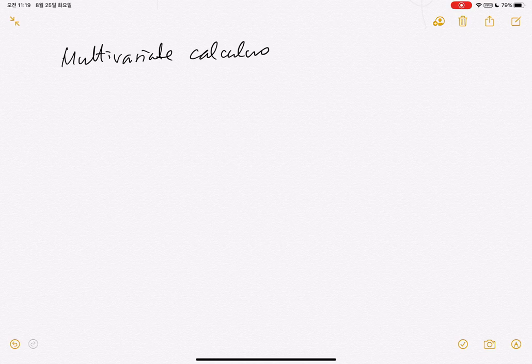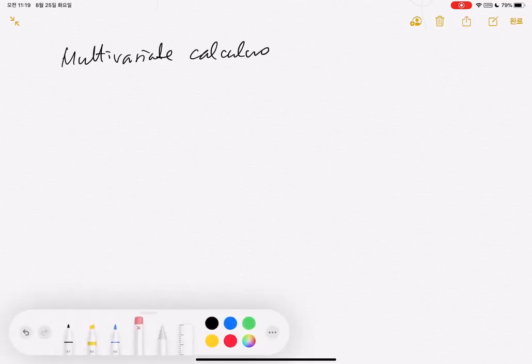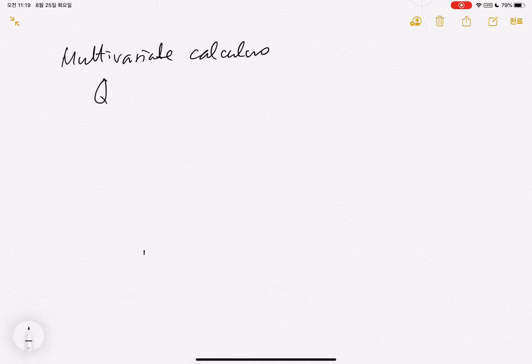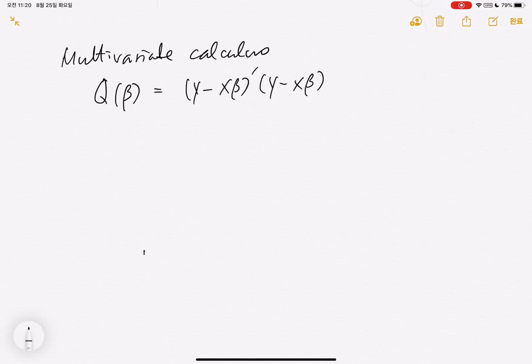we all know already that the OLS objective function that we want to minimize for our OLS estimation has this form. So our Q of beta equals y minus x beta prime y minus x beta.